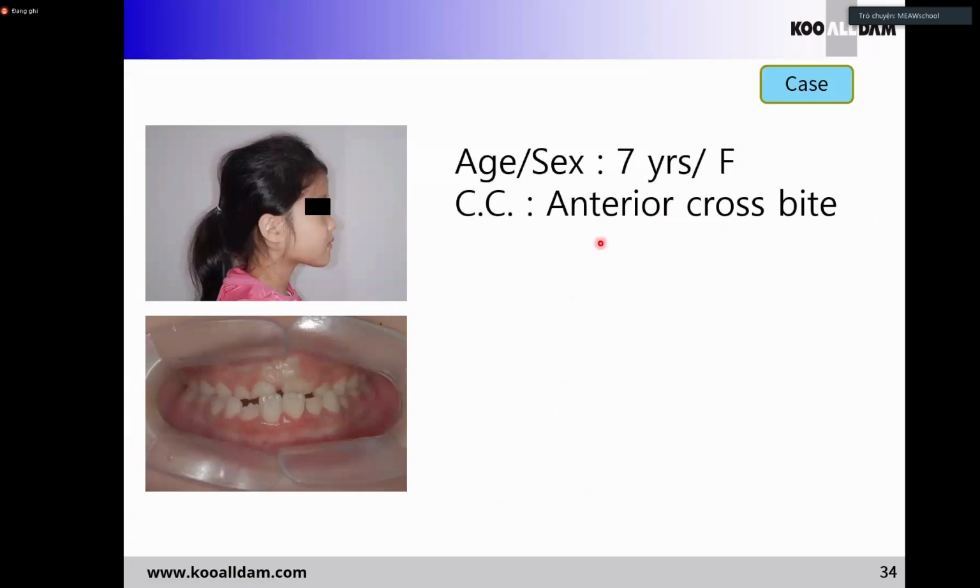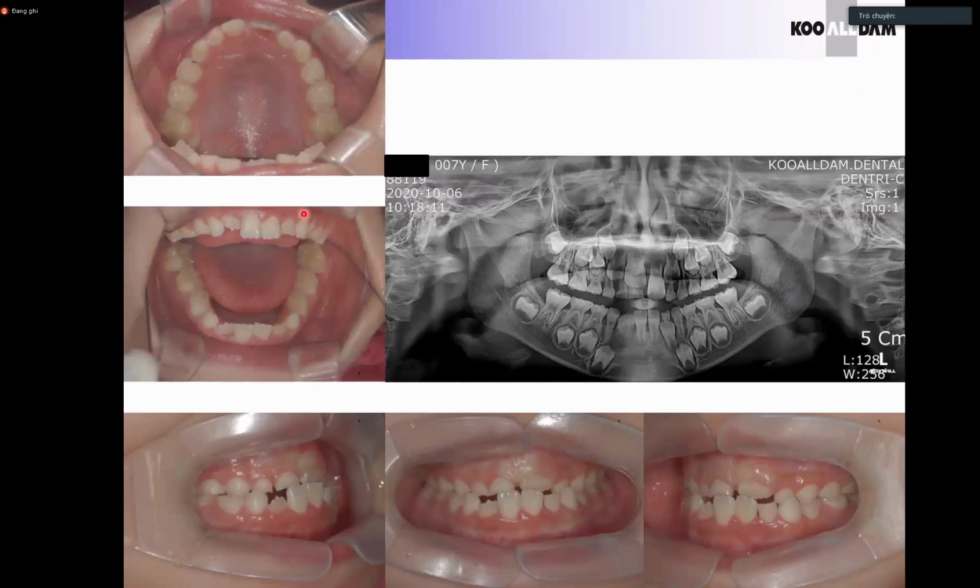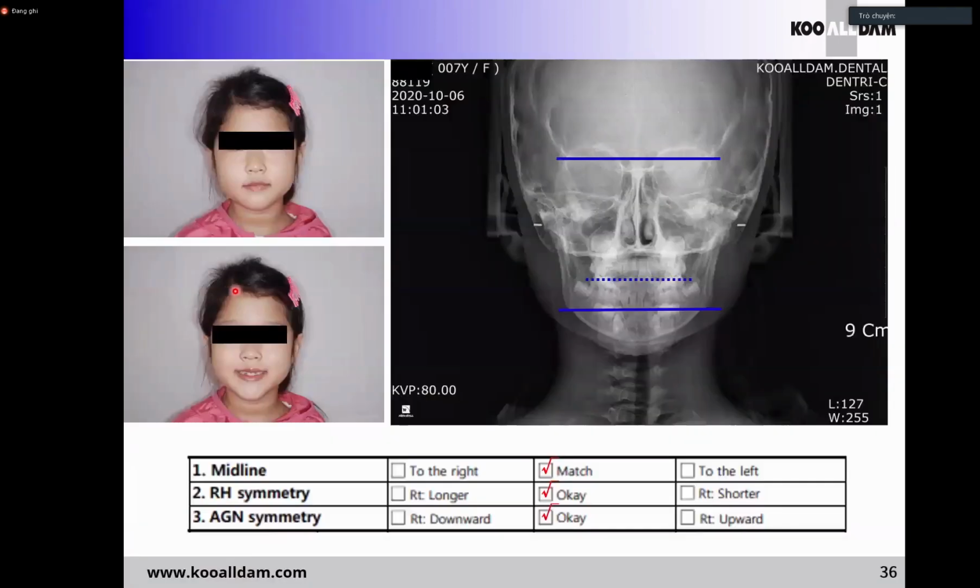Okay, this patient is a 7-year-old girl. We can see the anterior crossbite. How about her profile? Slightly protrusive lip in the upper lip, this area. There is no crowding in the upper and lower arch. Midline match, rim height and arch symmetry are okay.